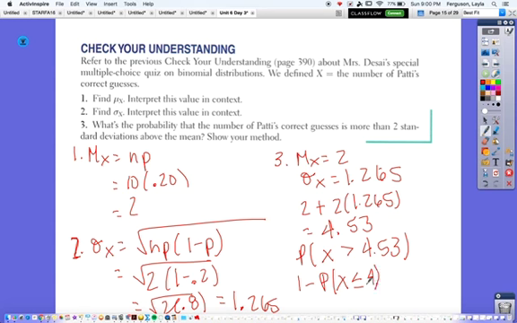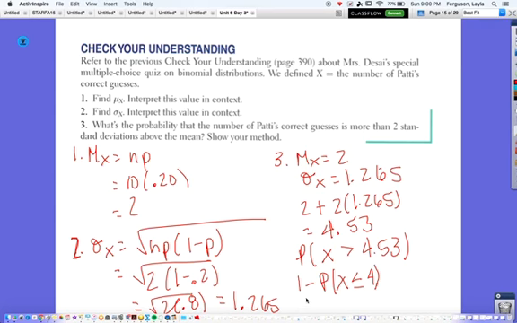So 1 minus the probability X is less than or equal to 4. The reason that we go with 4 is because obviously you can't get 4 and a half questions right. You either get them right or you get them wrong. So if we find the probability that they get 4 or less, then we can figure all of that out.